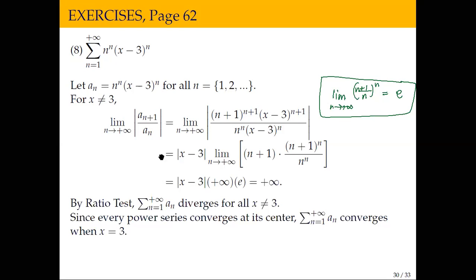So this infinite series is convergent at x equals 3. Since this infinite series diverges for all x that is different from 3, and it converges when x is equal to 3, we say that its radius of convergence is 0, and its interval of convergence is the set containing the center. And this is our conclusion for number 8.